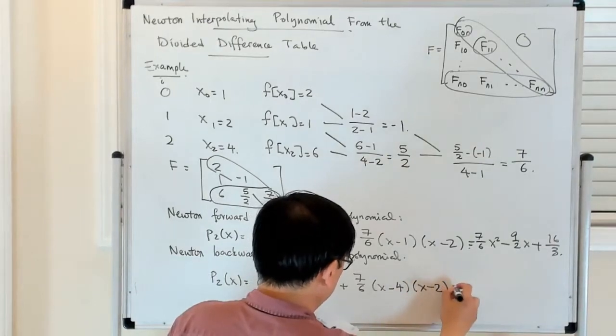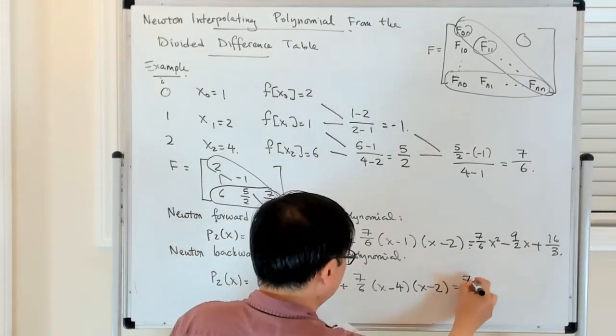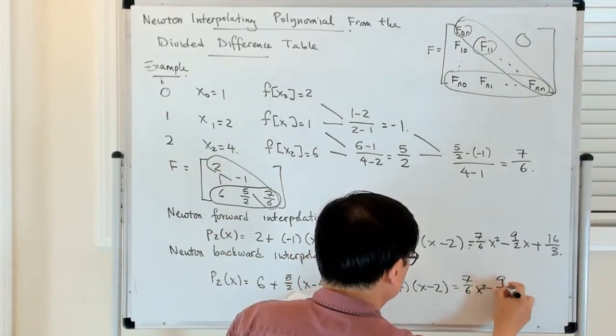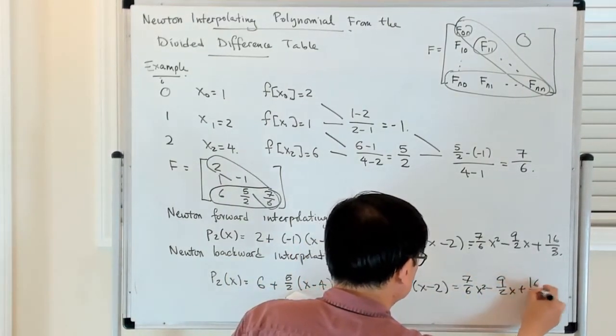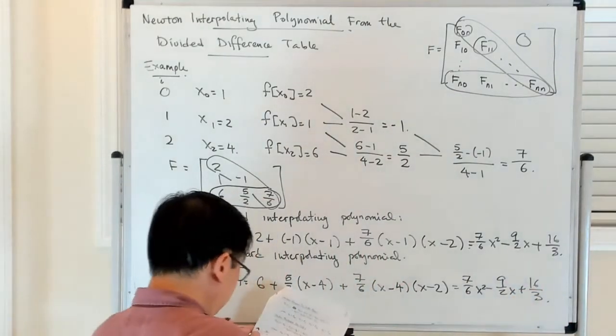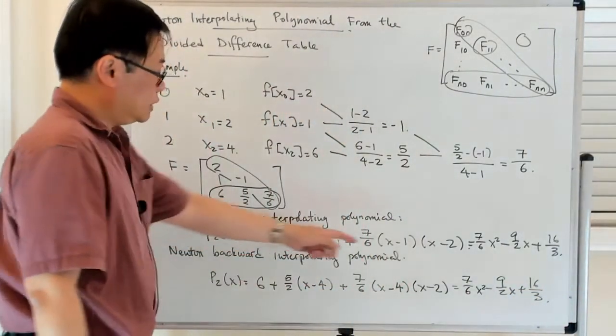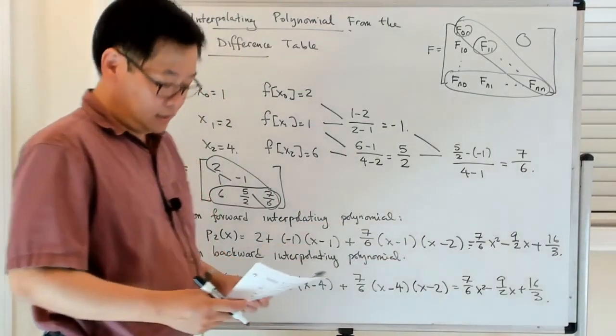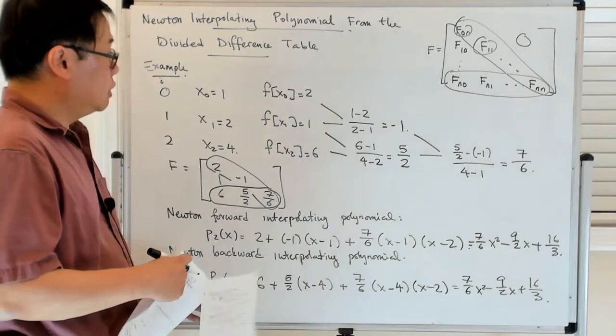You can check when you expand this again that this is 7 over 6 x squared minus 9 over 2 x plus 16 over 3. So in both cases you get the same interpolating polynomial. It's just that their representation is different.